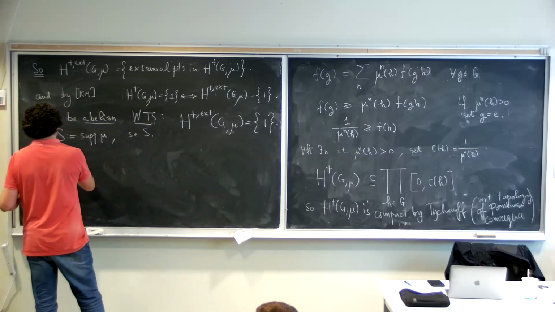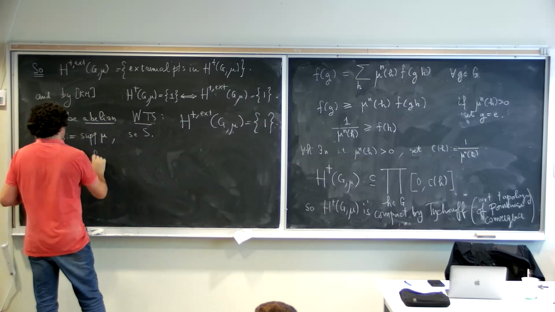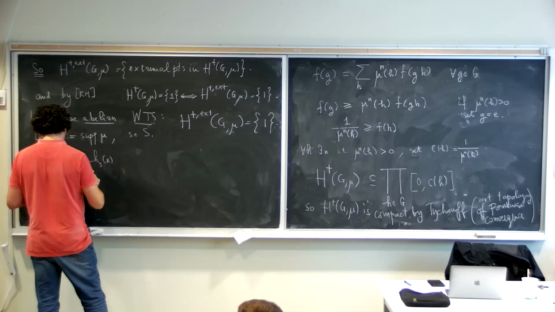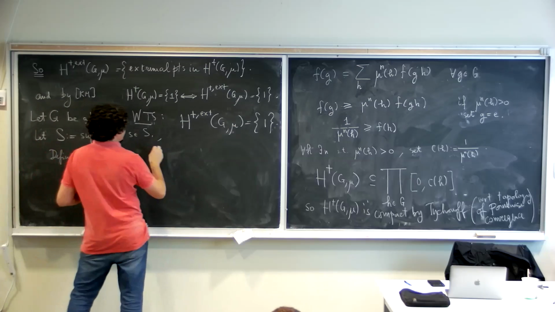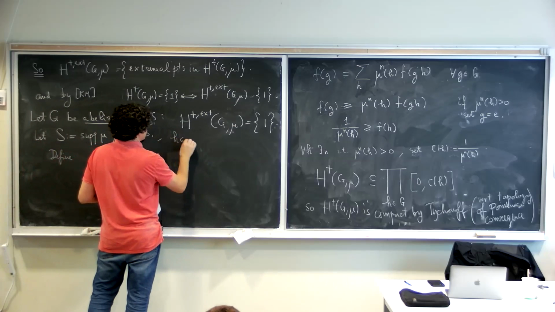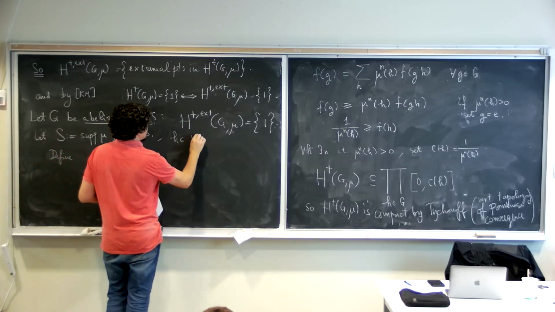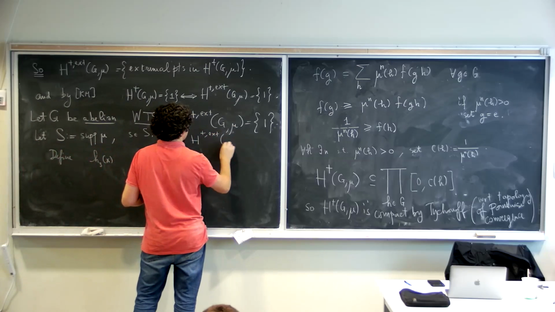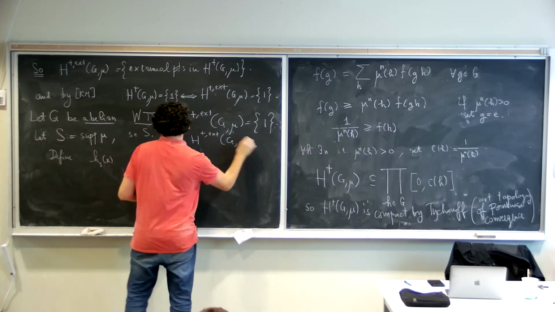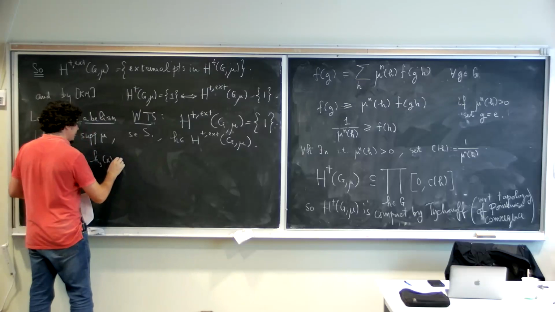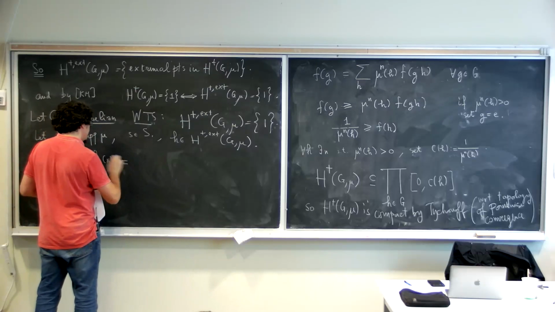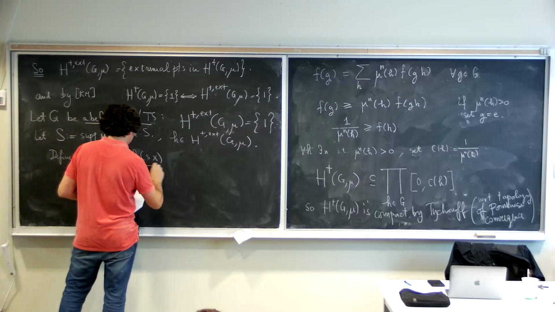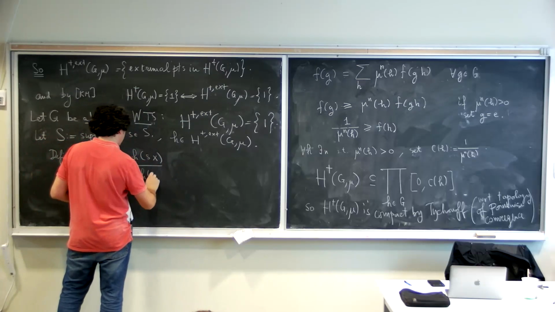So we define HS of X. Yeah, so we pick H in this space, harmonic function. And then we define the following modified function, which is H of Sx times H of X.